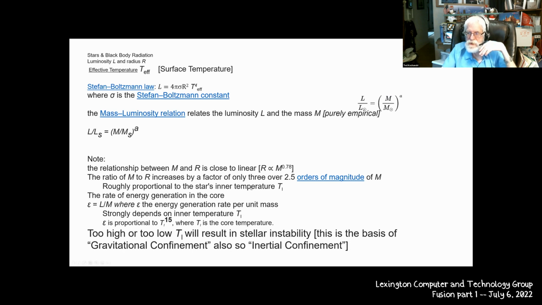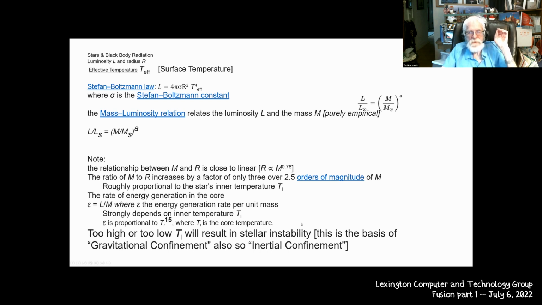So the rate of generation of energy in the core is measured in generation per unit mass, and it's strongly dependent on temperature. In fact, it's proportional to temperature to the 15th power, which you'll almost never see anywhere. A power law that strong.